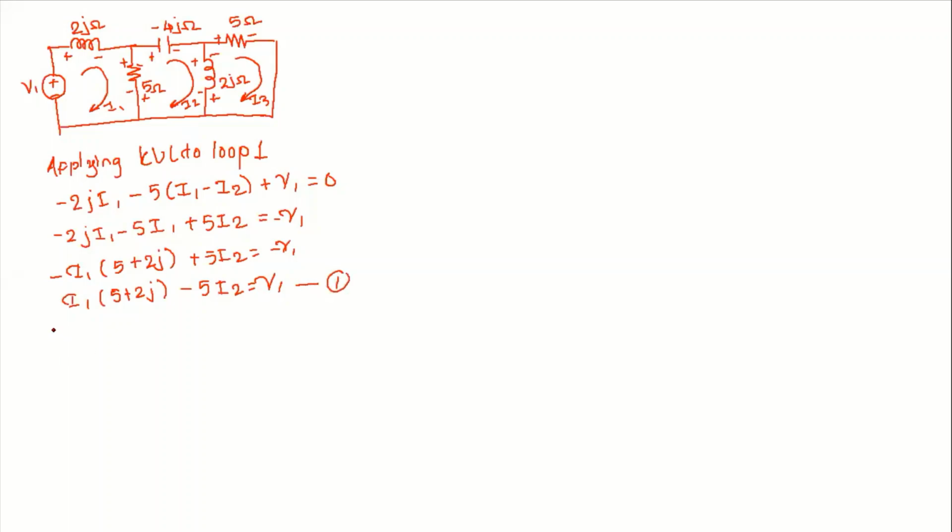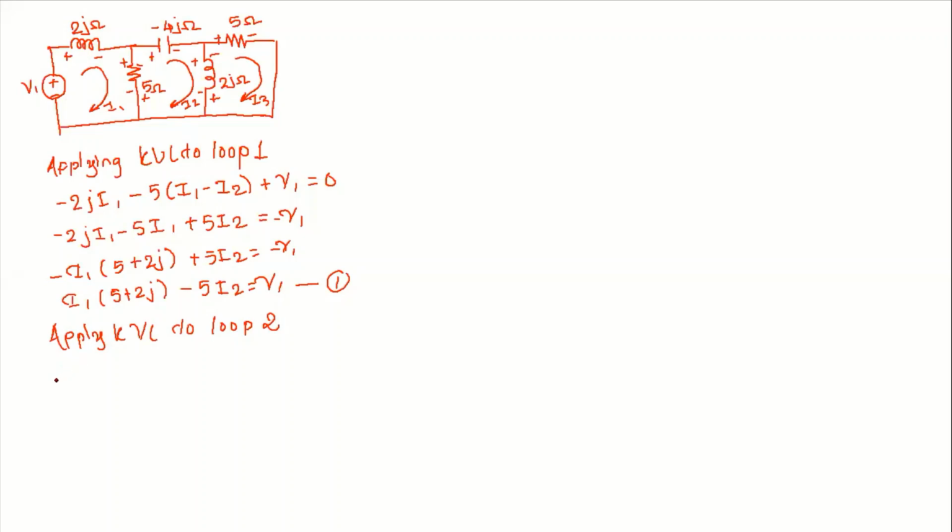Next we have to apply KVL to loop 2. What will our equation be? I'll start from minus 4j.